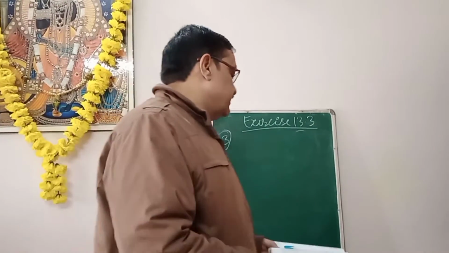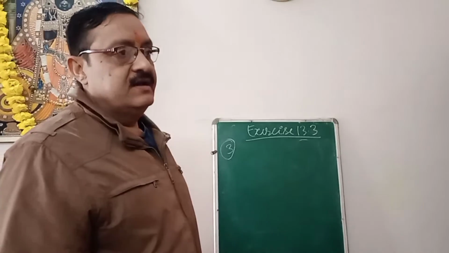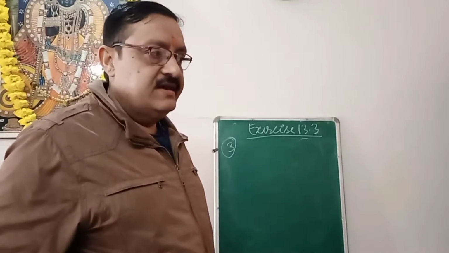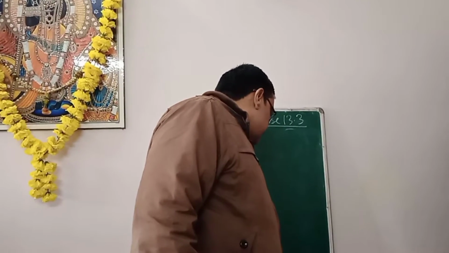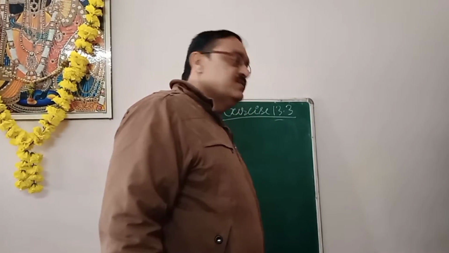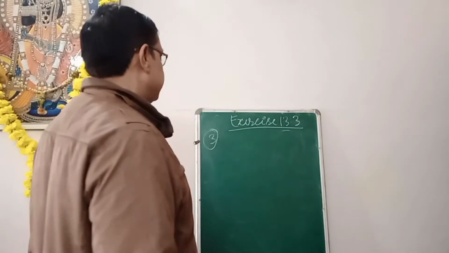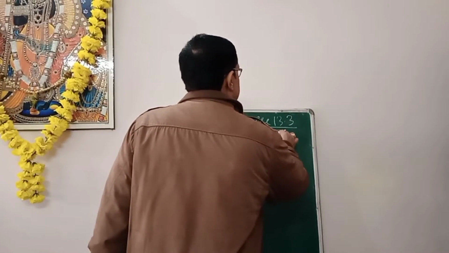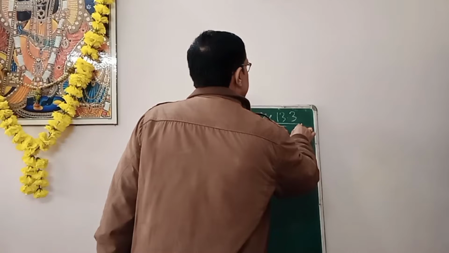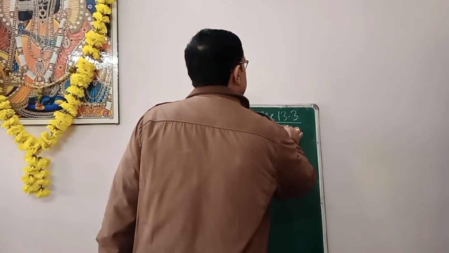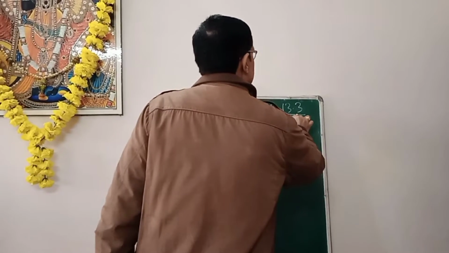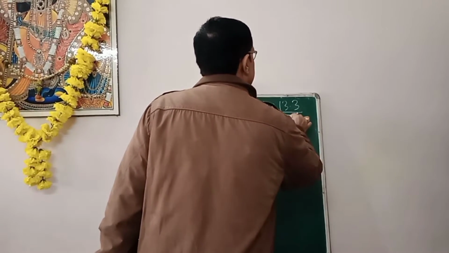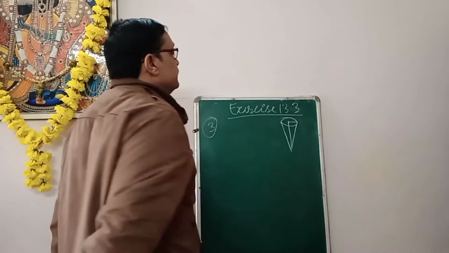In first question, curved surface area was to be calculated. Diameter and slant height was given. Here, curved surface area is given and slant height is given. We need to find out the radius. So, in every case, we need to make a figure so that we do not make any mistake while calculating.